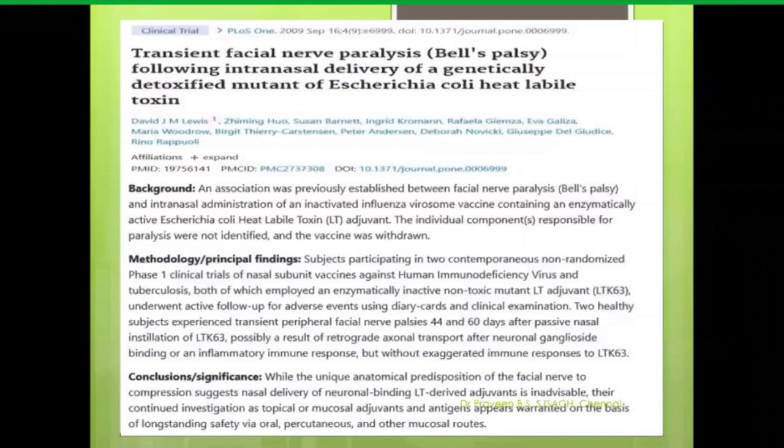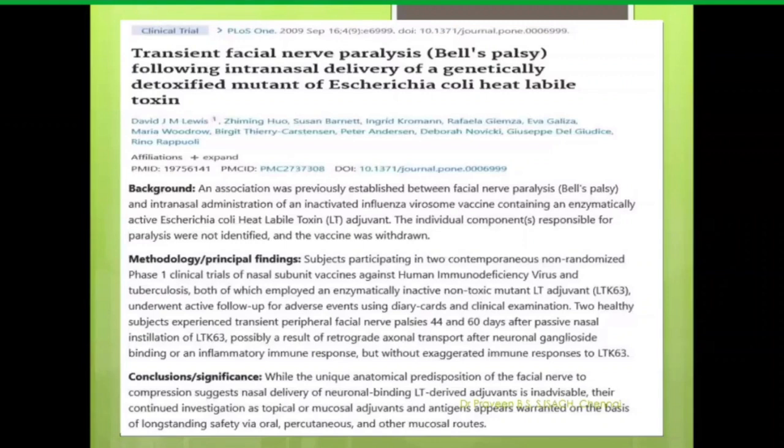When we look for some of the evidence related to this variety of presentation of facial paralysis, we do find some published articles, a very interesting one: transient facial nerve paralysis, Bell's palsy, following intranasal delivery of a genetically detoxified mutant of Escherichia coli heat-labile toxin.